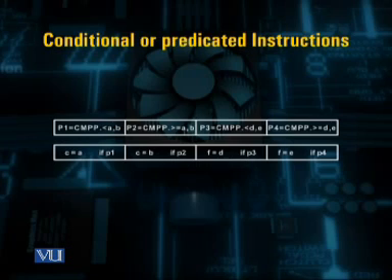That is, P1 is updated if A is less than B, and P2 is updated for A greater than or equal to B.